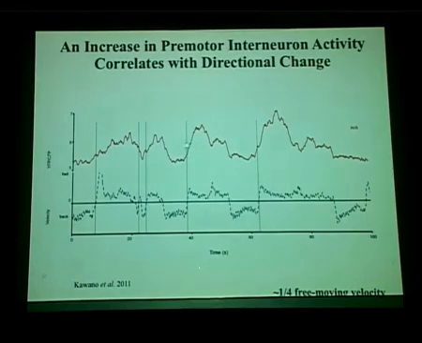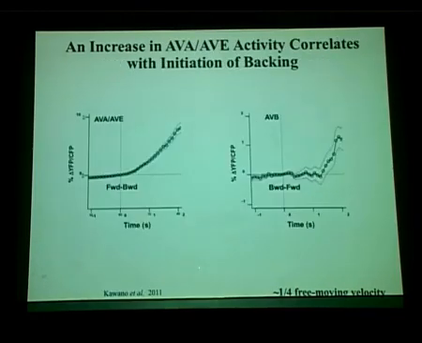You see a rise of activity corresponding to the animal changing direction from backward locomotion to forward locomotion. And the temporal correlation of the switch was very precise, especially for the AVA and the AVE.